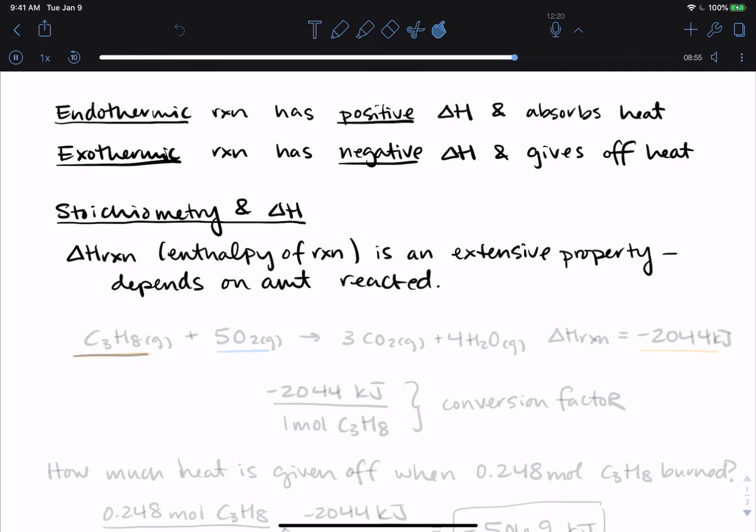So typically you'll see this paired with a balanced reaction. And when it's with a balanced reaction, it is for stoichiometric amounts.